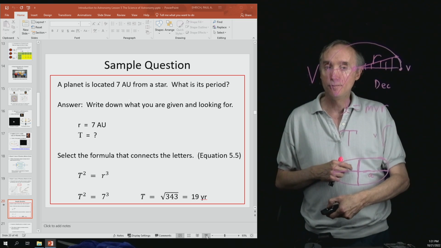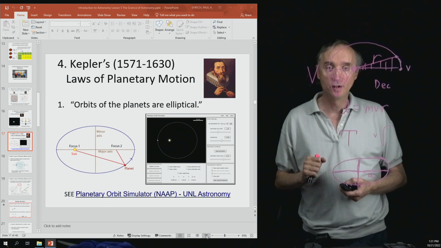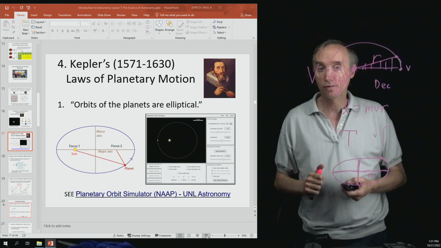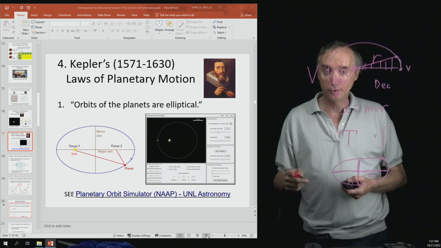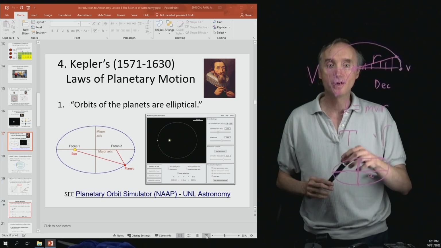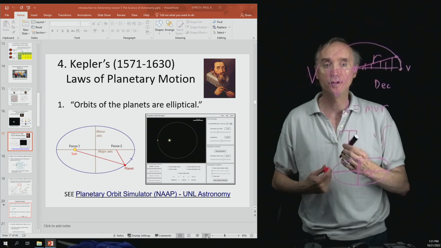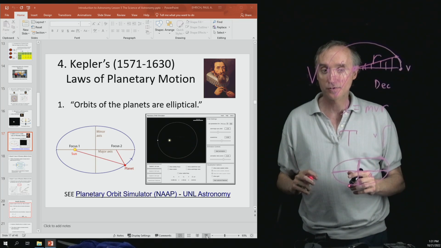Now, if you go back to this simulation again, you can click on Kepler's third law, and you will see there's the formula, but it looks different because it's not the period squared equals the semi-major axis cubed.